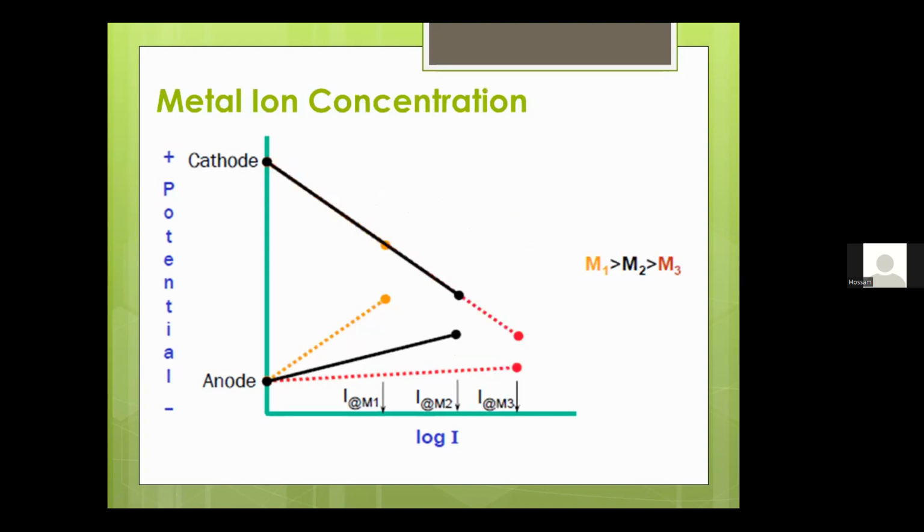Here is the metal ion concentration. The polarization of the anode can be affected by the concentration of the corroding metal ion, which is a product of the metal oxidation. So, an increase in the metal ion concentration of the anode metal results in an increase in polarization of the anode and a decrease in the current.